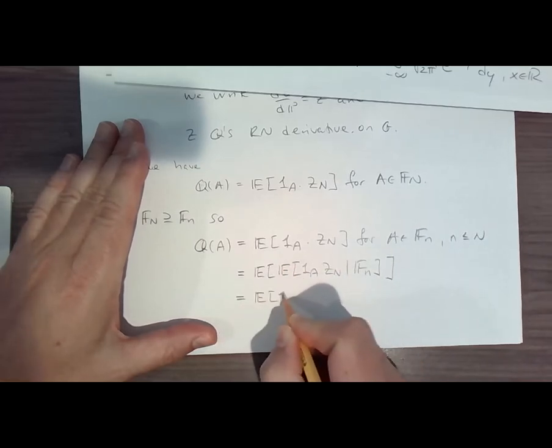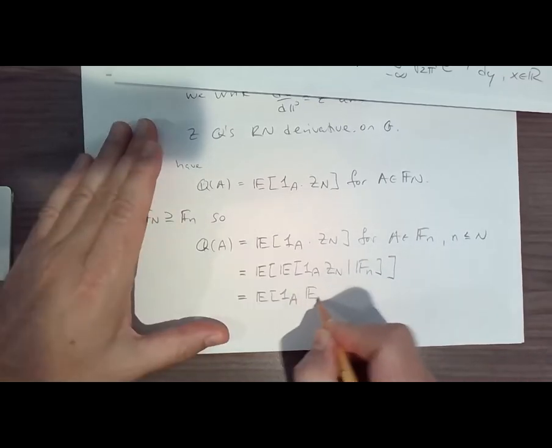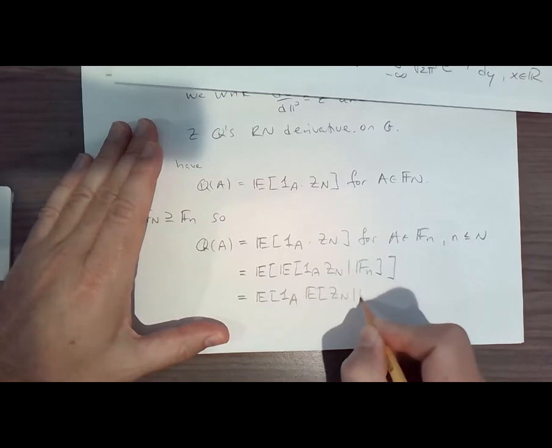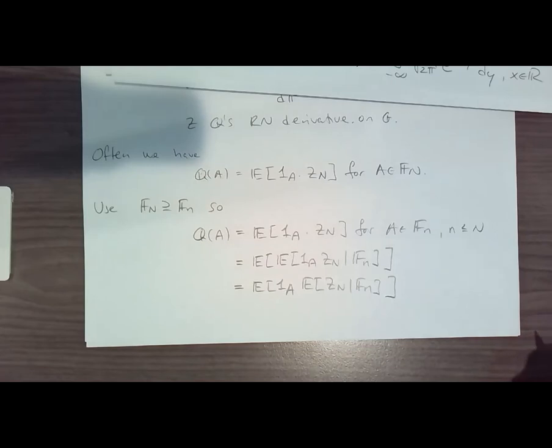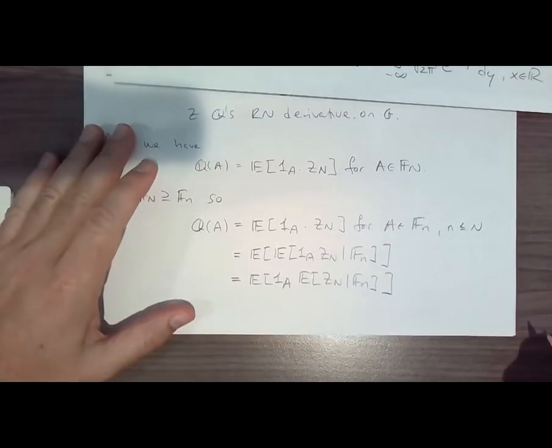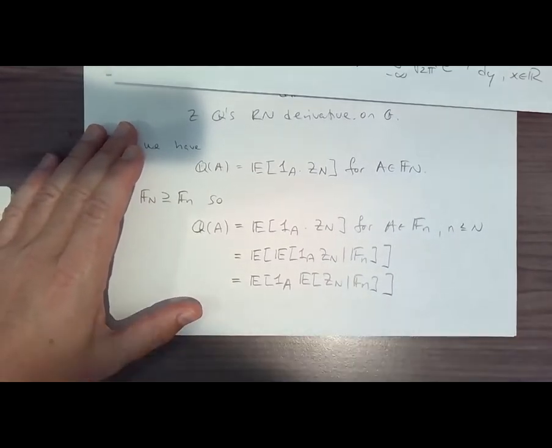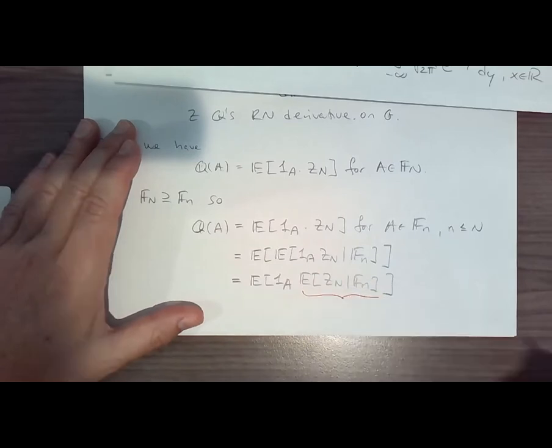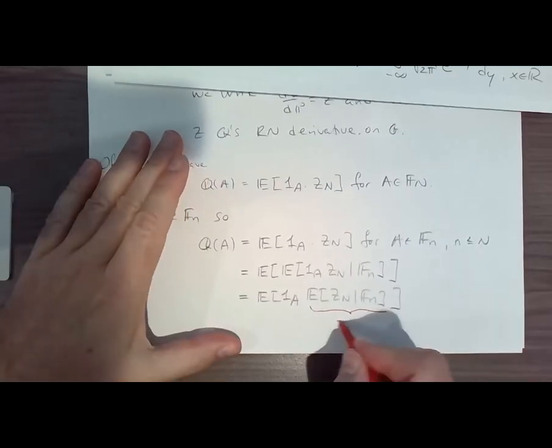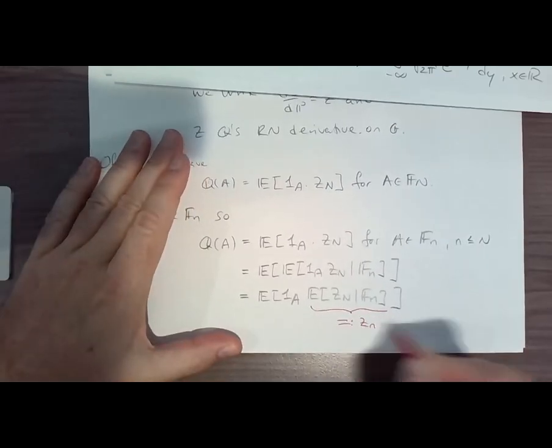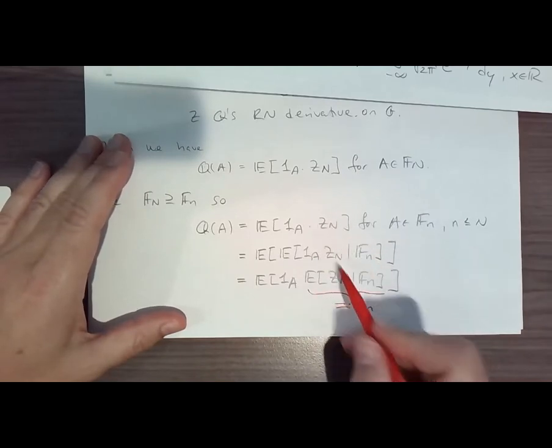I can write this as 1A times the conditional expectation of Cn given Fn. So you're stuck here with this conditional expectation. This is often denoted by Z little n. So you start out with a C capital N, and then you get the C little n by doing the conditioning.